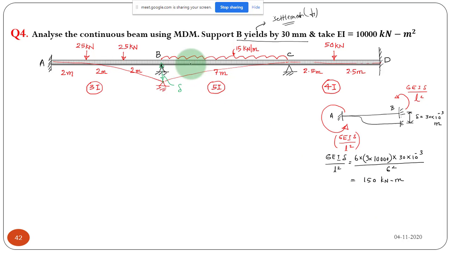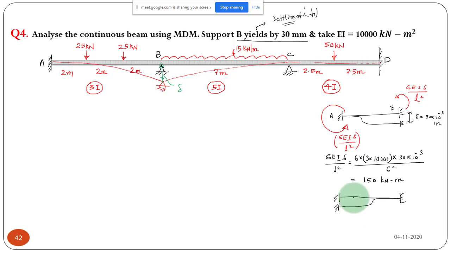Similarly, you take the beam BC. What happened to the beam BC? The left support, that is joint B, is going down. So the deflected shape due to settlement will be something like this.